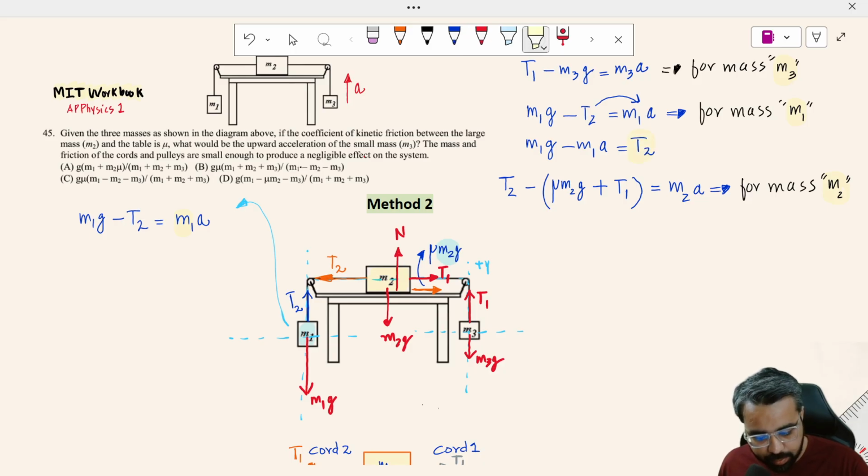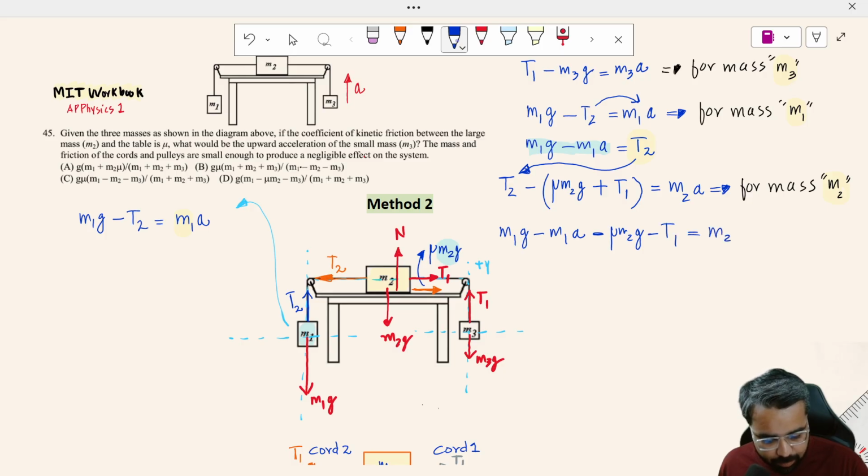Now we can substitute the value of T2 in our third equation: m1g minus m1a, then minus mu m2g, or you can open the bracket, mu m2g minus T1 is equal to m2a. I hope you understand this equation.